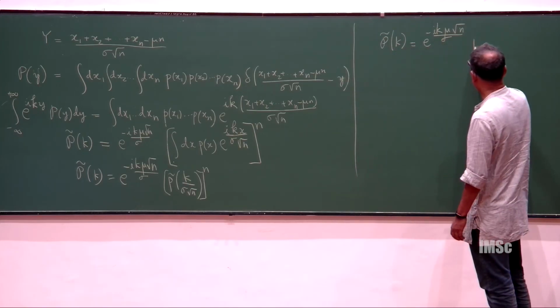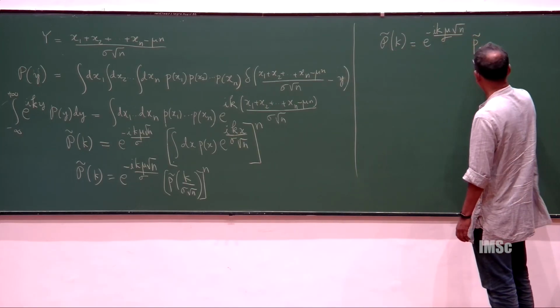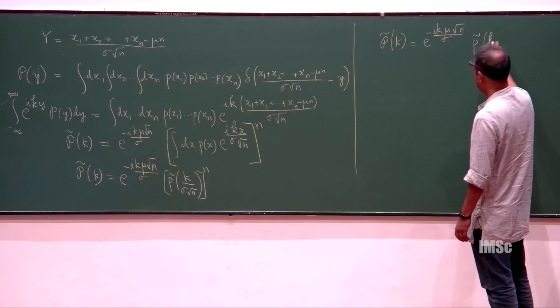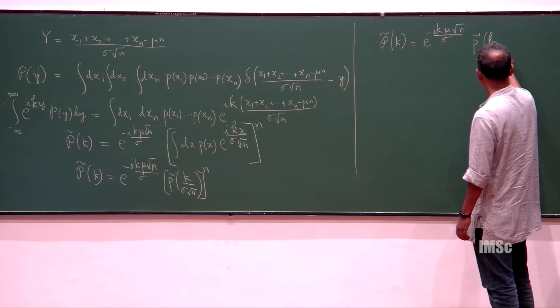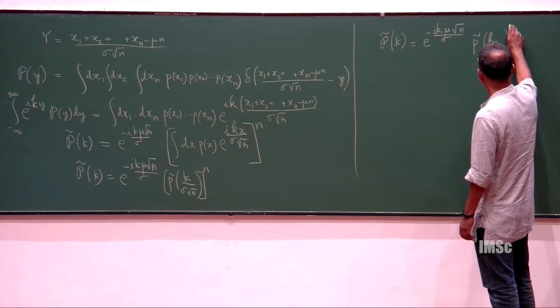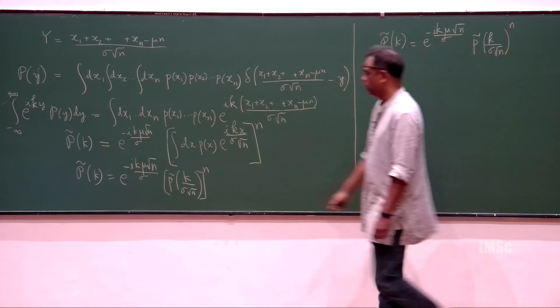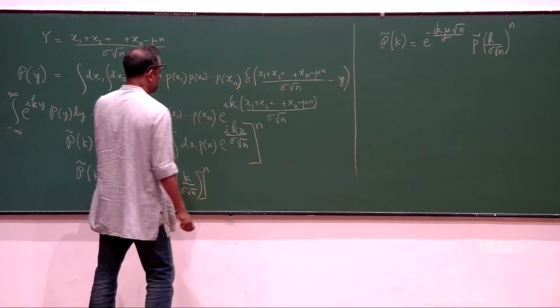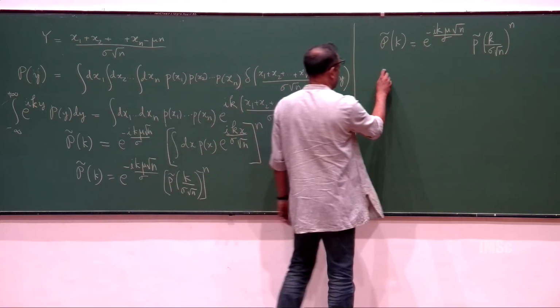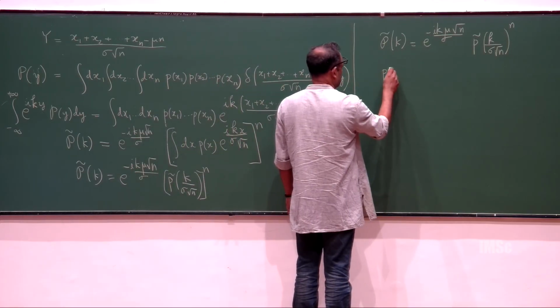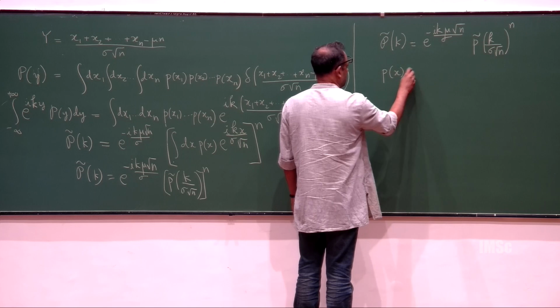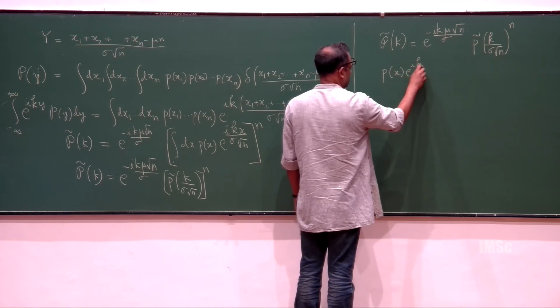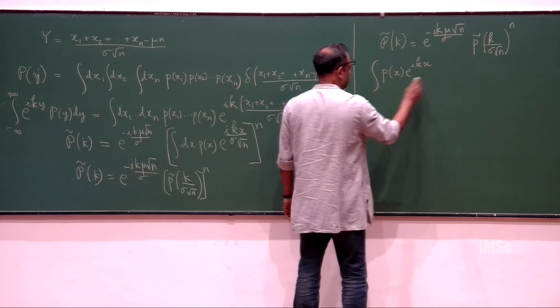Remember, your small p tilde is an arbitrary probability distribution. Okay. So let us look at how a general p of x e to the power I k x. This is my Fourier transform.